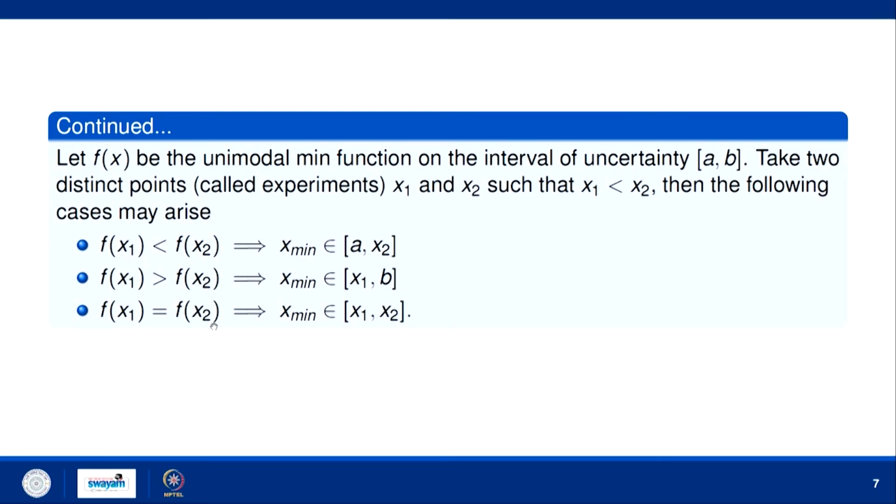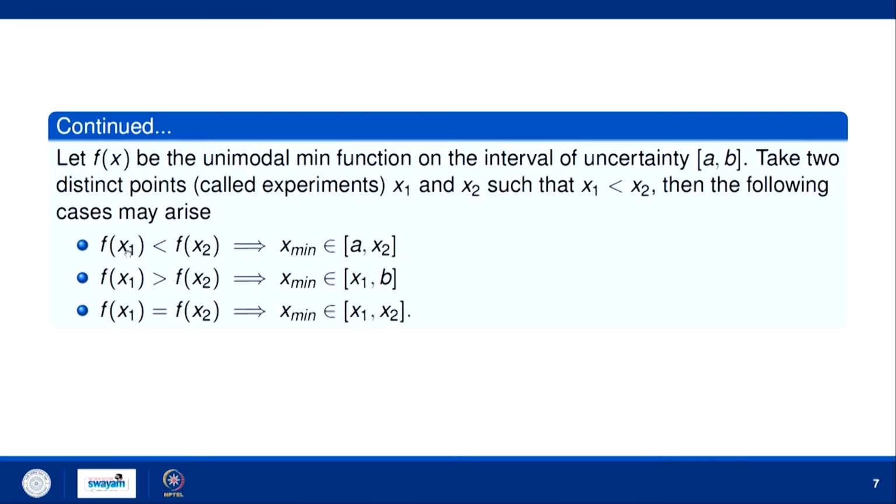So, if we are dealing with a unimodal function and we are finding experiments by any method, then either these three cases may arise. If you find experiments x 1 and x 2, then each time you are reducing the size of the interval. Okay.